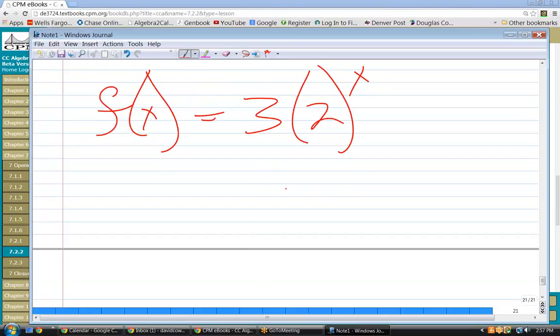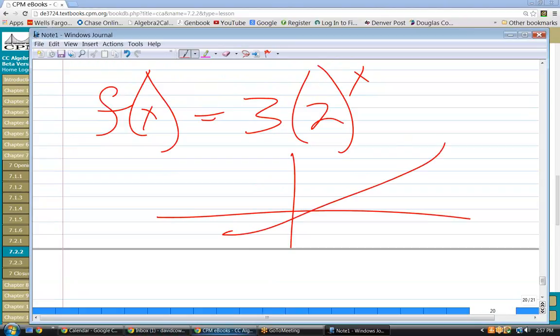We don't know. Whenever something crosses the x-axis, f of x is 0. But I thought y was 0 when something crosses the x. It is. Y is the same as f of x. I could have written this just as easily like that. Whenever you see y and you see f of x, they're one and the same.